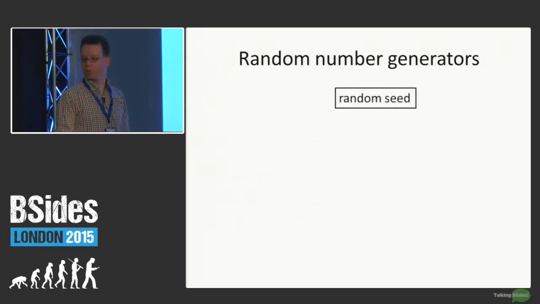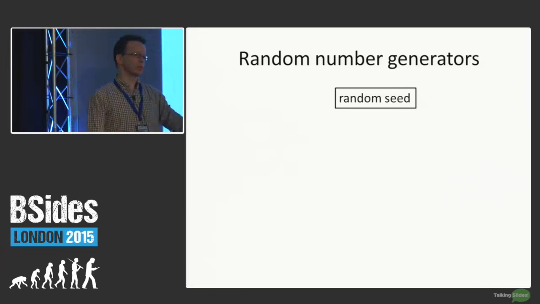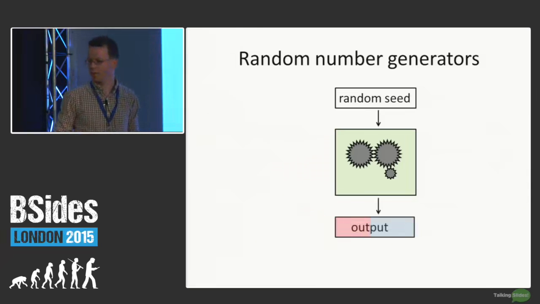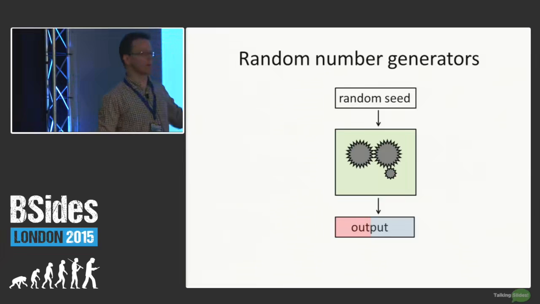So they use something called a random number generator, which takes as input a truly random seed, something generated by mouse movement, hard disk read times, etc. Then it inputs it into some algorithm, and some shaking up happens, and it gives an output, a number, and sometimes, and this is why it's blue and red, part of the output is thrown away.